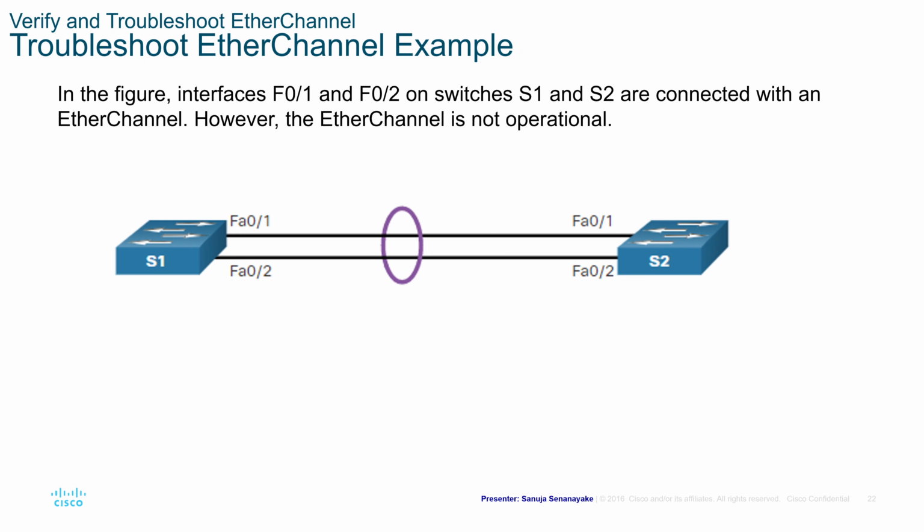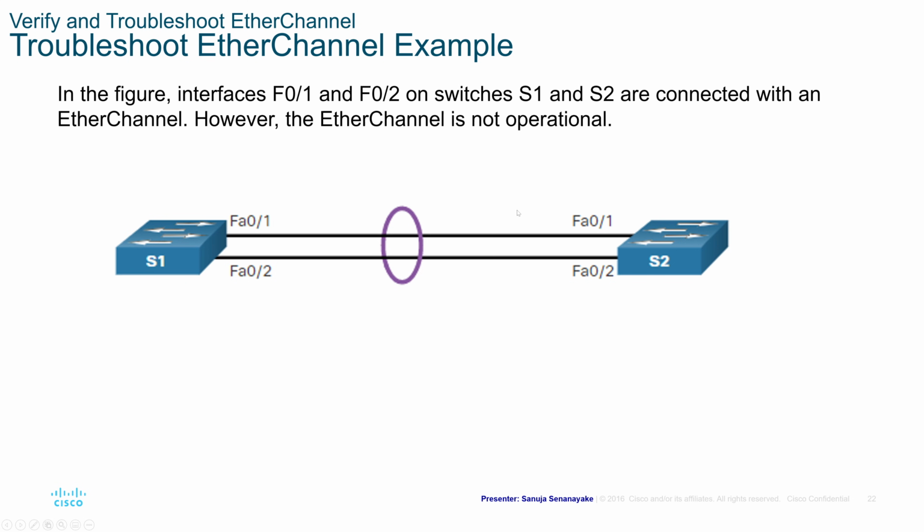In this figure, the interfaces F0/1 and F0/2 on switches S1 and S2 are connected with an EtherChannel. However, the EtherChannel is not operational. So this is an example troubleshooting question that Cisco came up with.